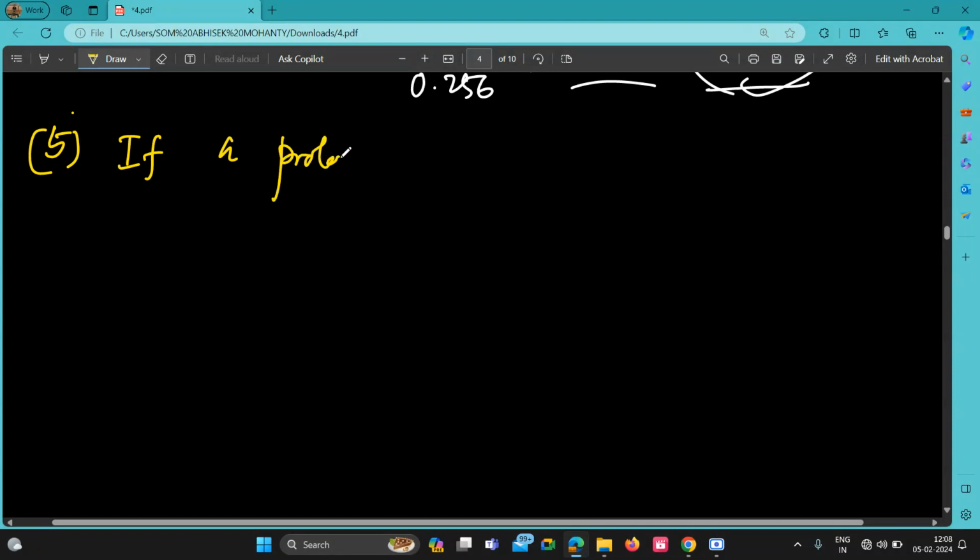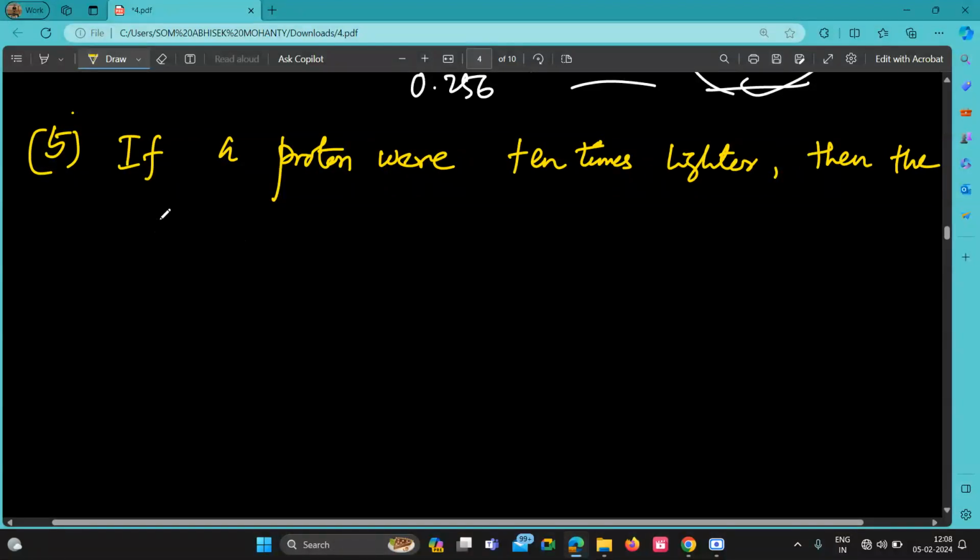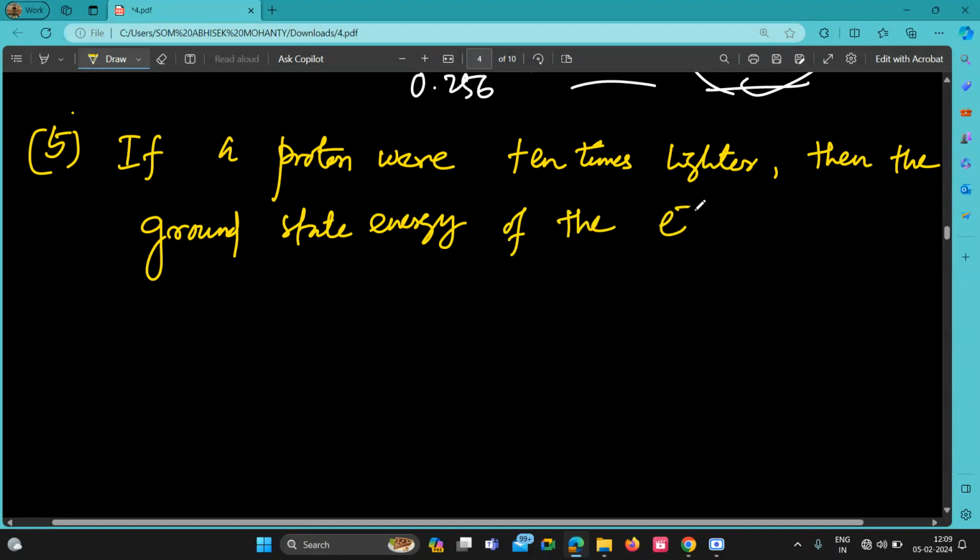If a proton were 10 times lighter, then the ground state energy of the electron in a hydrogen atom would have been: less, more, the same, or option D, depends on the electron's mass.